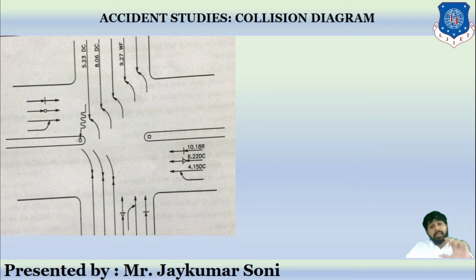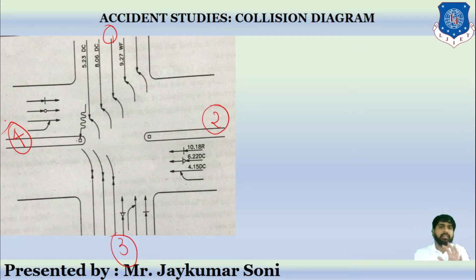Now, one very important thing that we need to learn is the condition and collision diagram. This is how a condition diagram looks. Let me change the color of the pen. This is one road, this is road number 2, this is road number 3, and this is road number 4. You can see the vehicle.